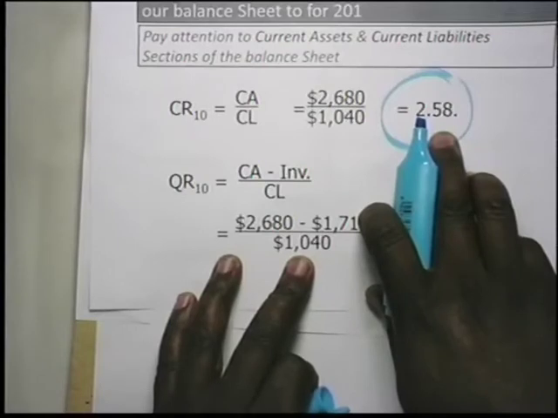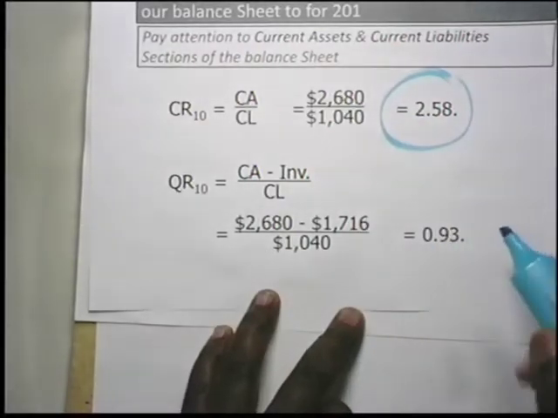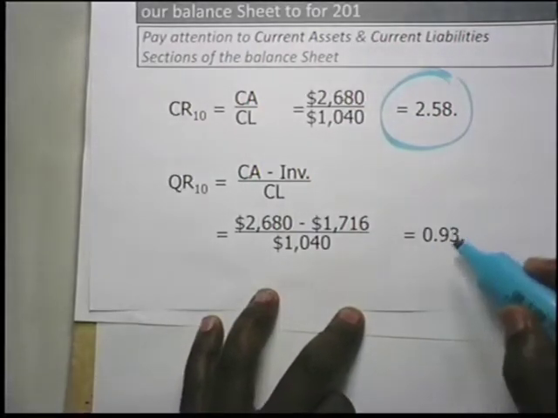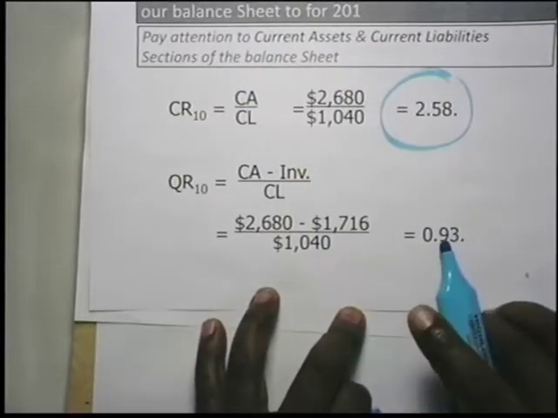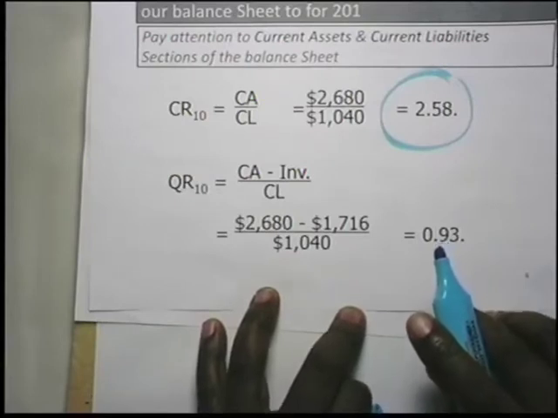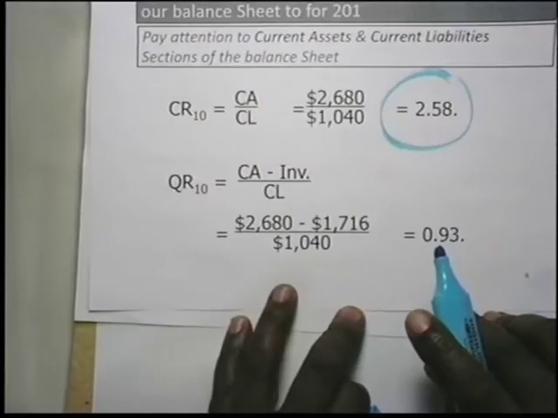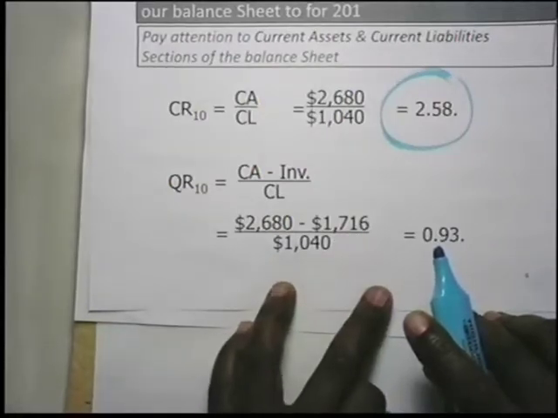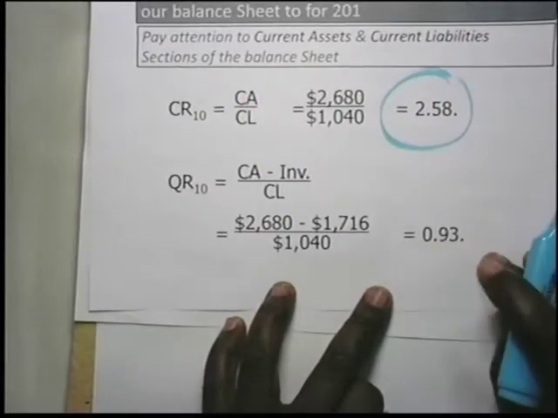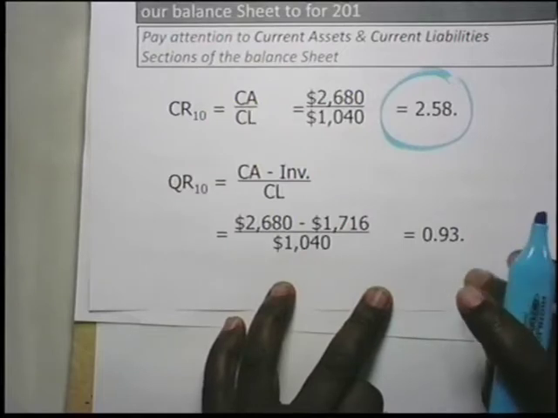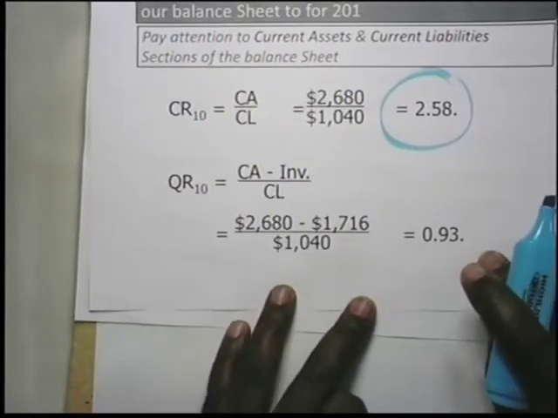We'll analyze shortly and see whether this is a good position or not. Now we said as well, when it comes to quick ratio, we need a ratio of 1:1. Here we've got 0.93, which is below the 1:1, because 0.93 is the same as 0.93 is to 1. Yet we need a ratio of 1:1 as the ideal one.